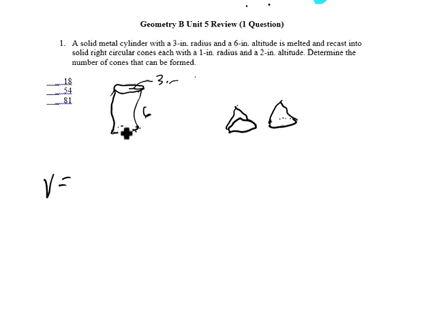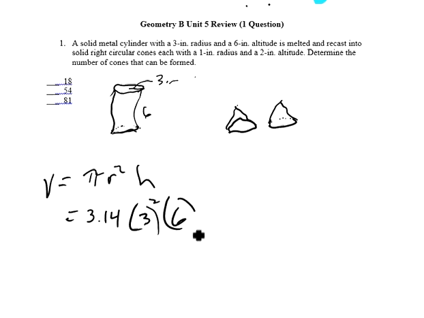And the area of a circle is pi r squared. So pi r squared times the height. And we know pi is 3.14, we know r is 3, so r squared, and we know the height is 6.